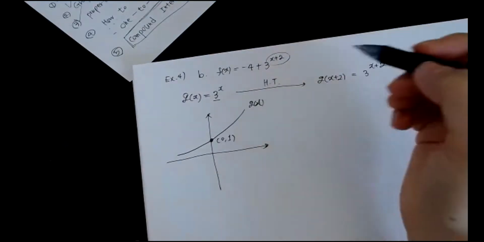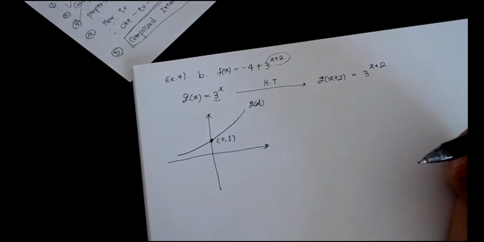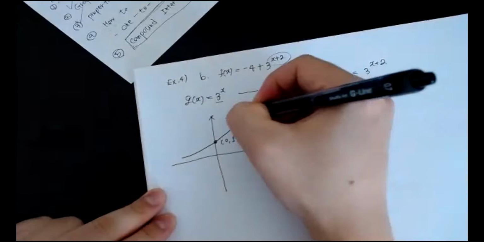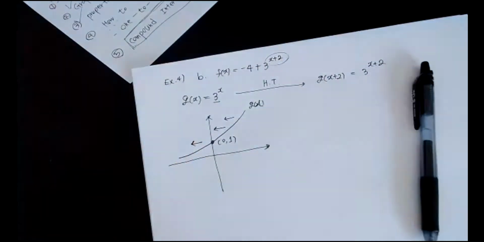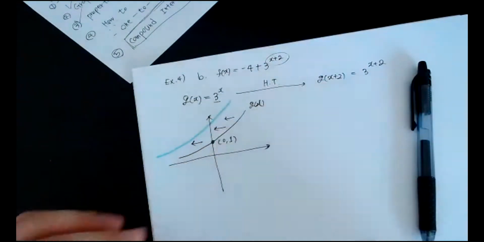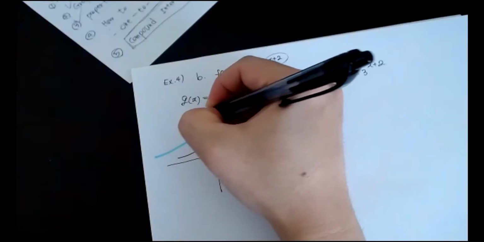So we move the graph to the left 2 units. The graph must be like this, maybe like that. So this is g of x plus 2.